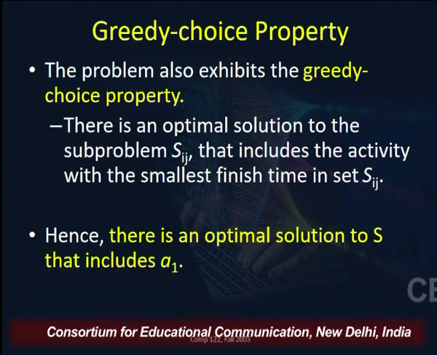And the greedy choice property here says the optimal solution to this subproblem S_ij is to include the activity with the smallest finishing time in set S_ij. So, for example, I am talking about one lecture which is starting from 9 and ending at 10, and this is the first one to get finished.